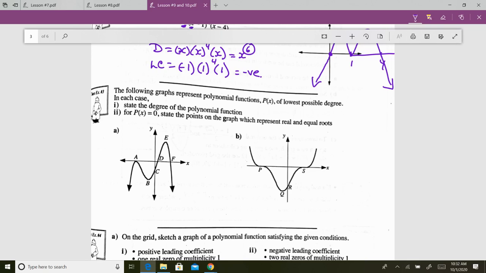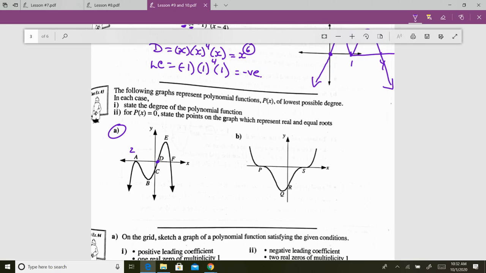We're going to assume that these two graphs are the lowest possible degree. All right. So what is the degree of A here? Lowest possible. So what is the degree or the multiplicity at point A? What's the lowest multiplicity that will give you a bounce? 2. So that has to be a multiplicity of 2.